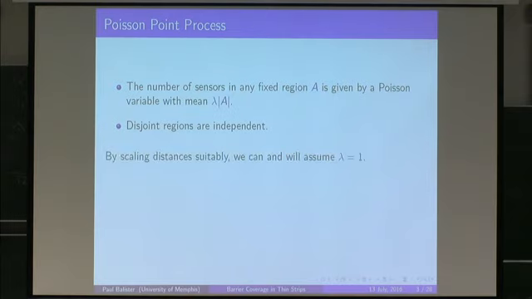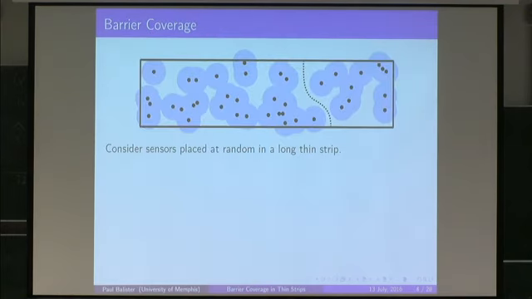Throughout this talk, just to reduce the number of variables by one, we can change all the length scales to assume that the intensity is in fact 1. And of course, the most important point is the probability of a Poisson variable being 0 is e to the minus the mean. So the probability of a region being empty is exponential in the size of the area.